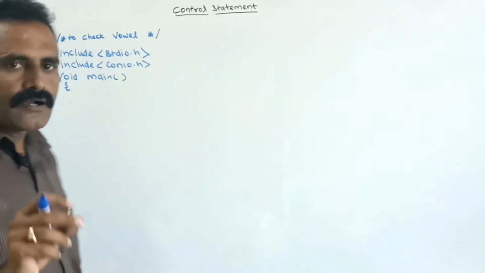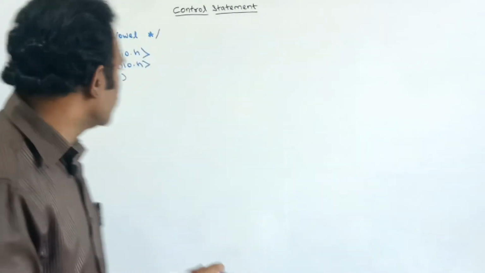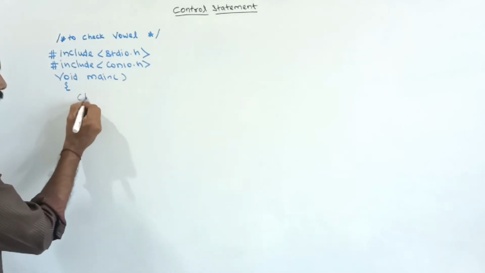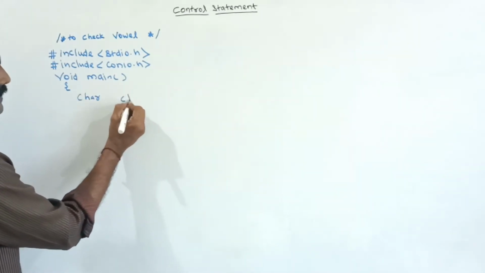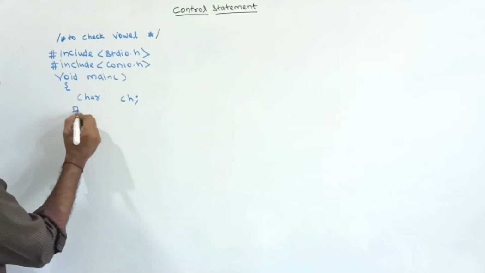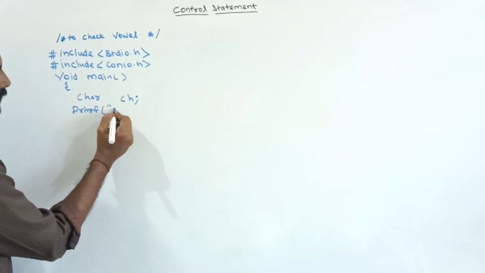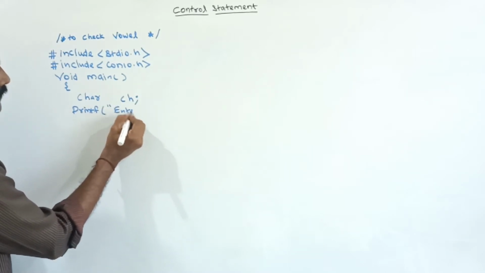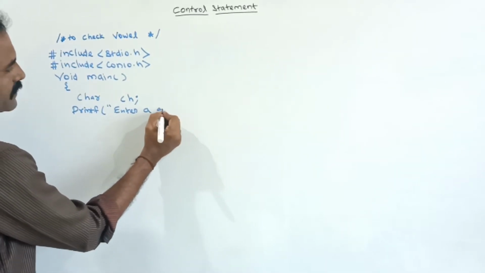Here I need to give a single letter as input, so I am declaring the variable as character. Single character, so the variable name is ch. With printf, I am telling the user to enter a character or alphabet.